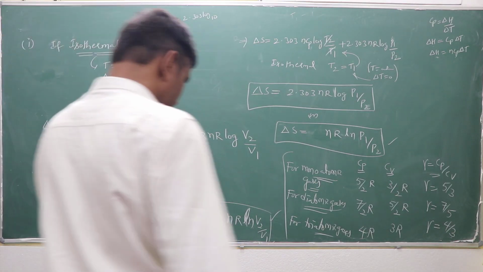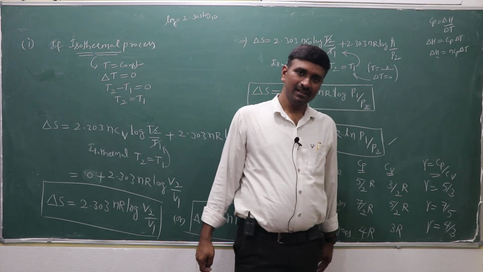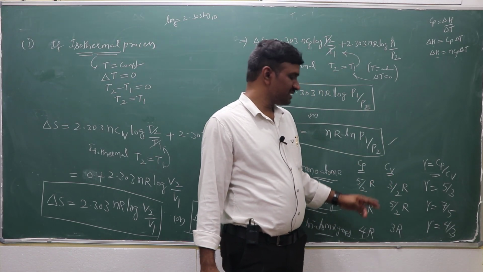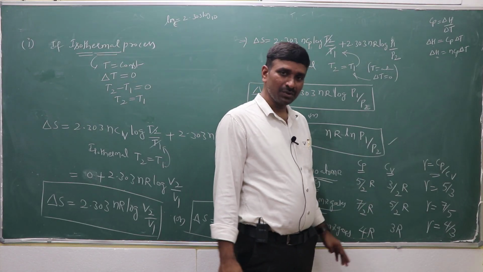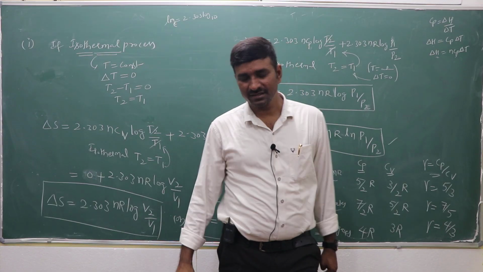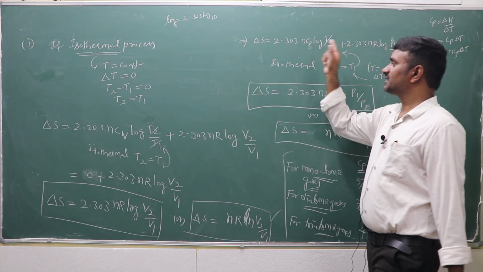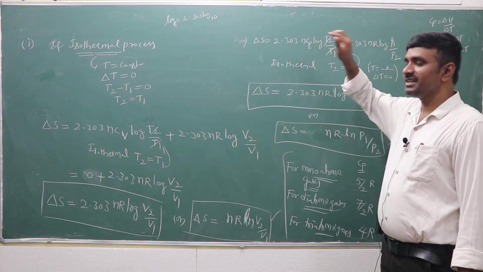Sometimes in the examination, whenever Cv is necessary but Cv is not given and Cp is given, or you substitute the Cp value, suppose the change in entropy with temperature and pressure takes place. What will be the equation? 2.303 and Cp. But Cp is not given in the examination, Cv is given.